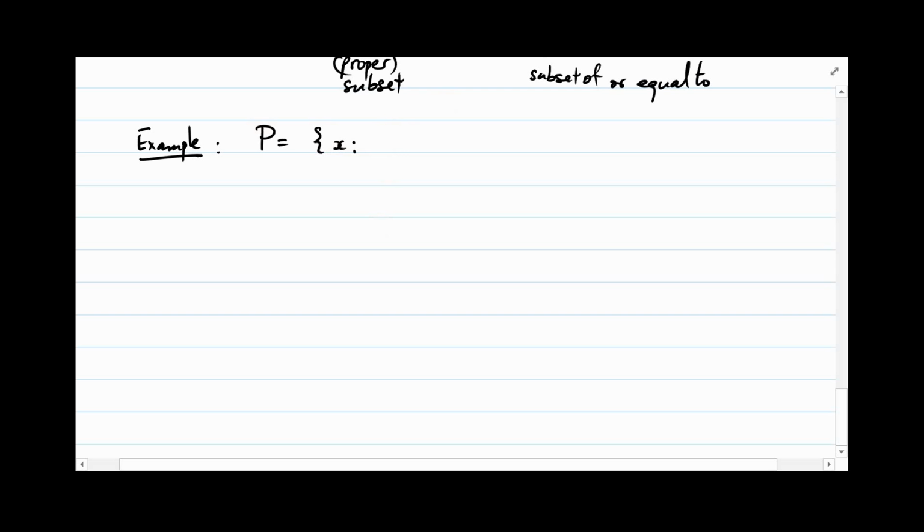And okay, so if I said the set of x's such that 5x is less than or equal to 16, x is a member of the, what do I want? Natural numbers. Okay.